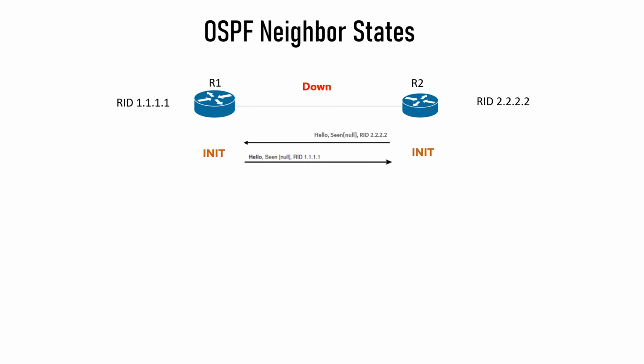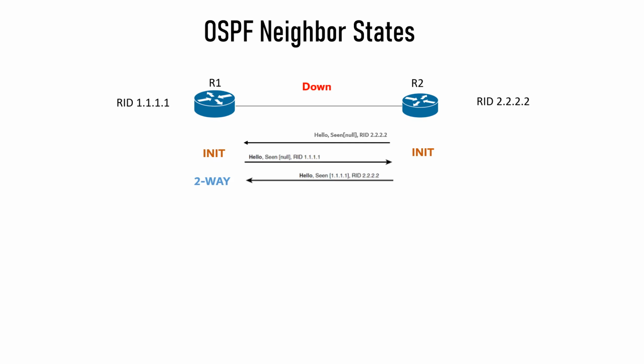After receiving the first hello, the router sends back a hello by adding its own router ID. The router replies back with the neighbor's router ID as well.